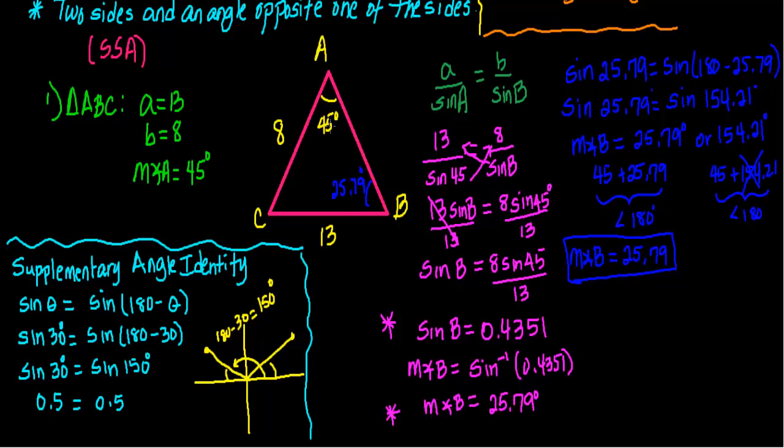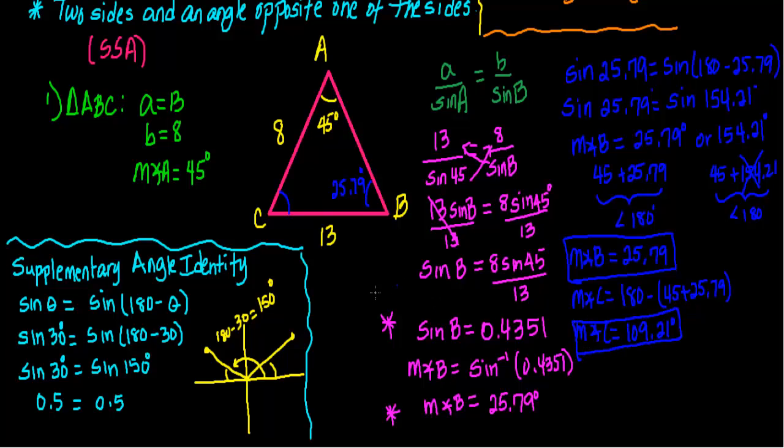Once I know these two angles, I can find the measure of angle C. Measure of angle C will be 180 minus 45 plus 25.79. So the measure of angle C is equal to 109.21 degrees. There you have angle C.